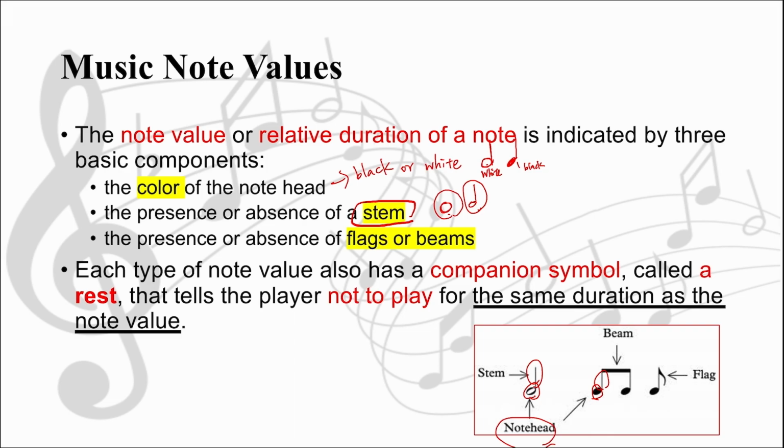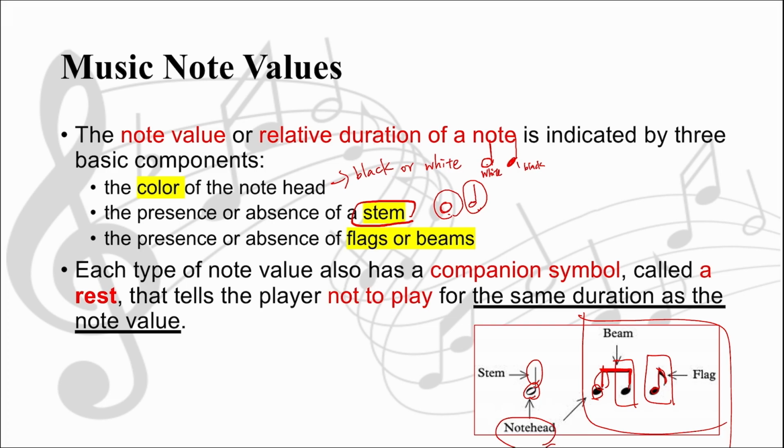You can come to the figure here. The beam means they're connected together, and a flag is a single one. These two, this and this, their duration is the same. So that's the very basic components of the note. They indicate the duration of that note.